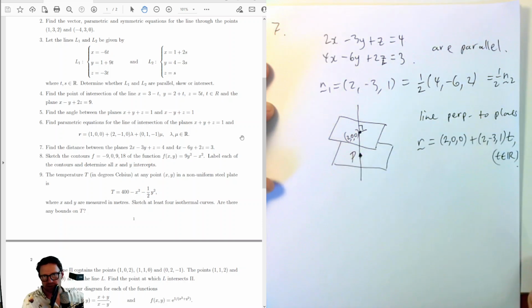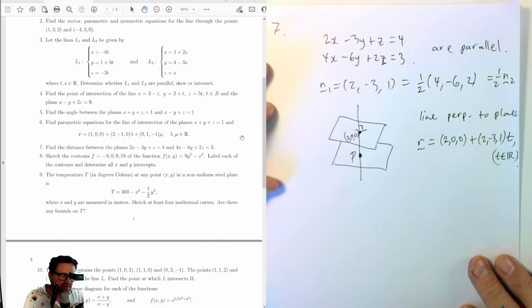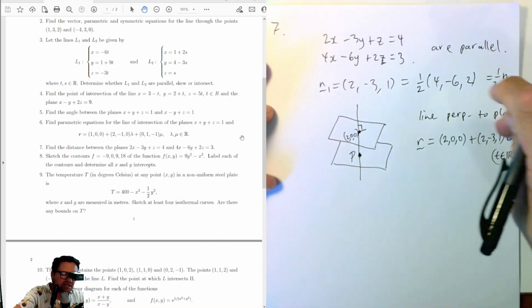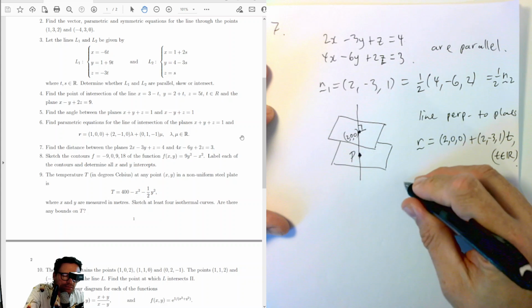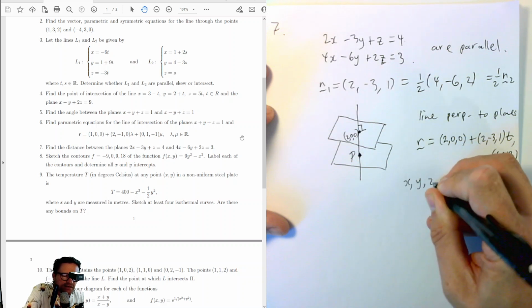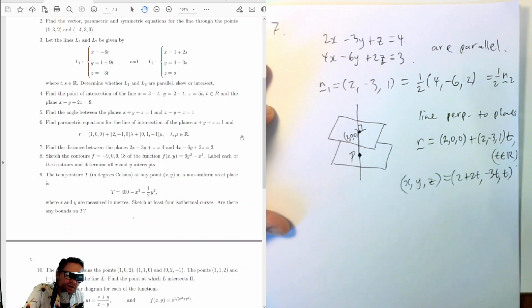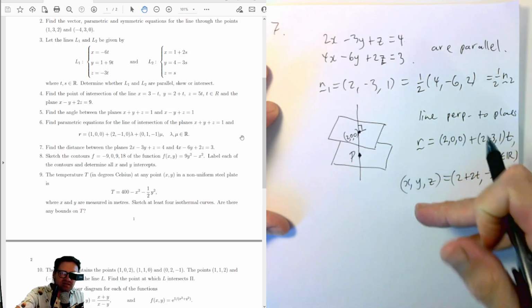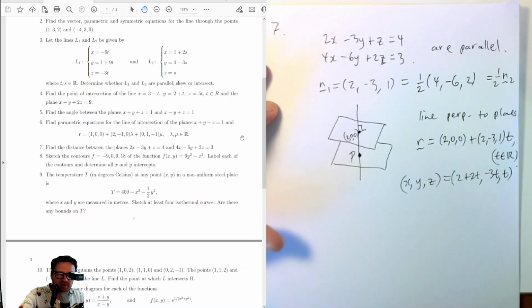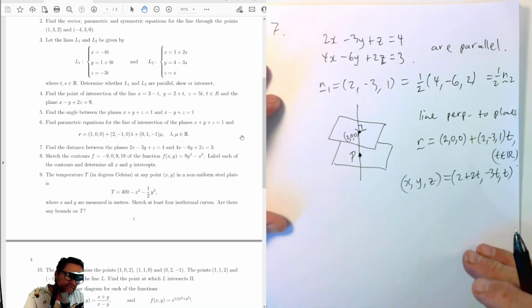Now we need to find the coordinates of the point P so that we can actually calculate a distance. All right, so the way we do this is we've got (x, y, z) equals (2 plus 2t, minus 3t, t). All right, so if we spread this out, writing three equations, that would be the parametric equation of that line.